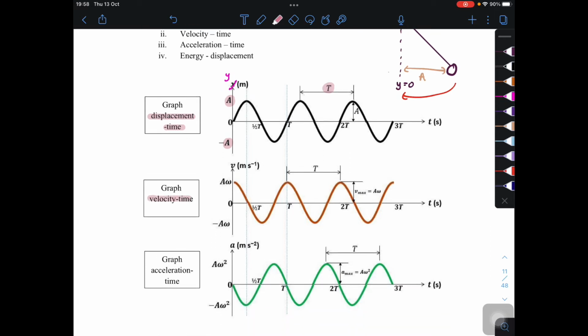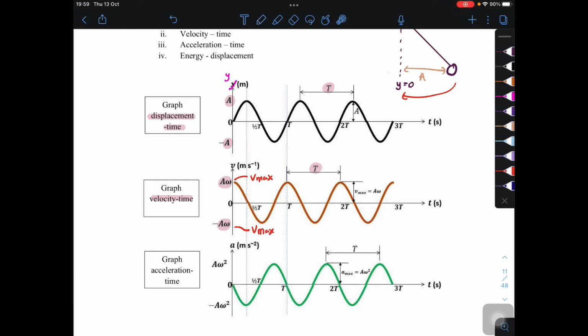Okay, next one. For velocity against time. So kita boleh dapatkan maklumat yang sama, which is we can get the period. But the value here will be the value for maximum velocity. So here is the maximum velocity.